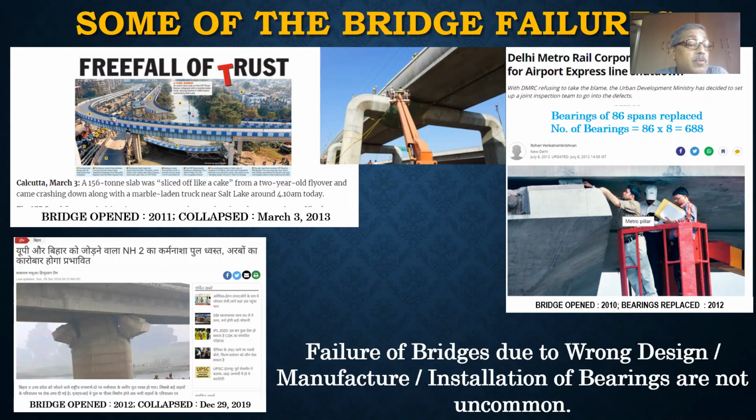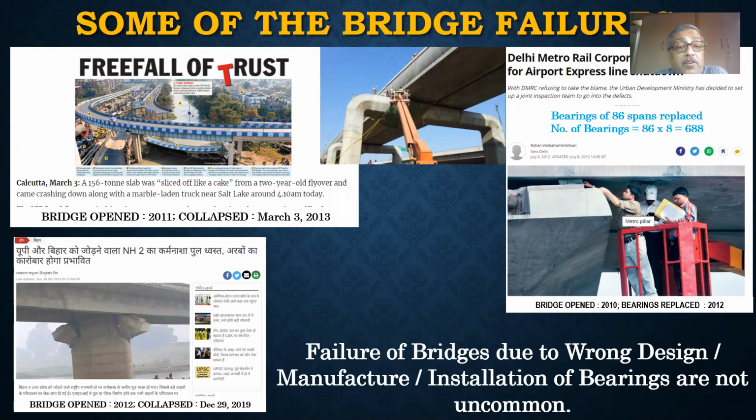These three bridges shown in this slide are not a true reflection of the number of bridges which fail due to bearings.